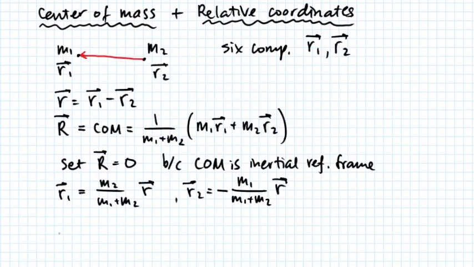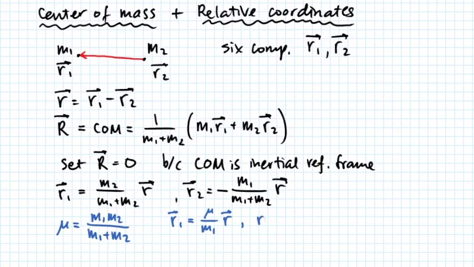We can introduce reduced mass, mu, m1 m2 divided by m1 plus m2, and then write r1 as reduced mass divided by m1 times r, and r2 as minus reduced mass divided by m2 times r.